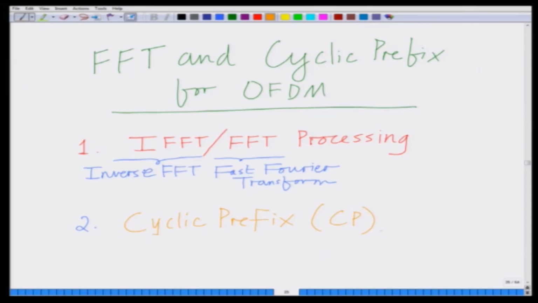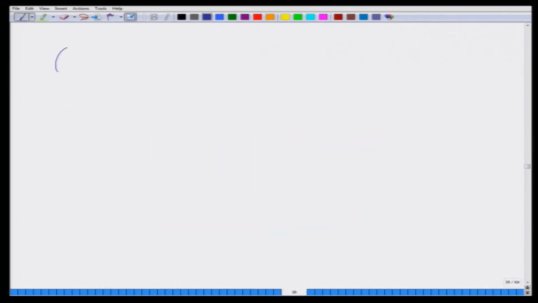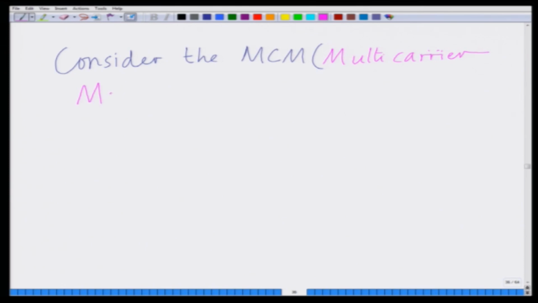Okay. So, now let us go back to our transmitted signal. So, consider the MCM signal. Let us go back to our multi-carrier modulation signal. I hope everyone remembers MCM stands for multi-carrier modulation.